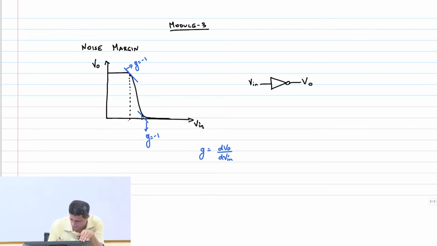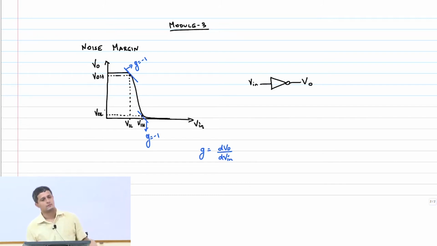So the point where this is VIL, VIH, and the corresponding y-axis value is VOH for VIL because it's an inverter, and VOL. So we wanted to find these points in a short channel transistor, because it has channel length modulation, all that, and the expression is quite complex.